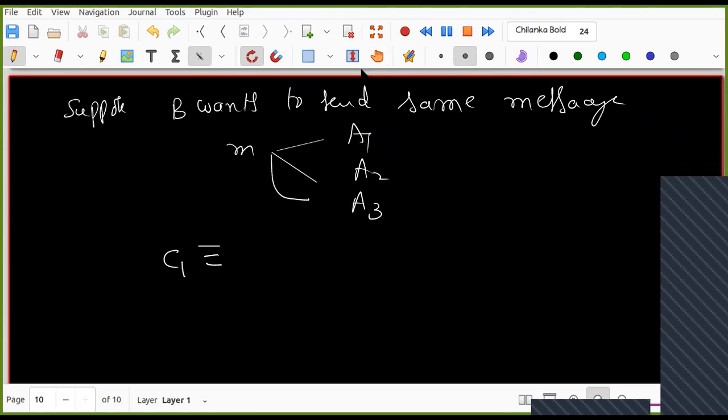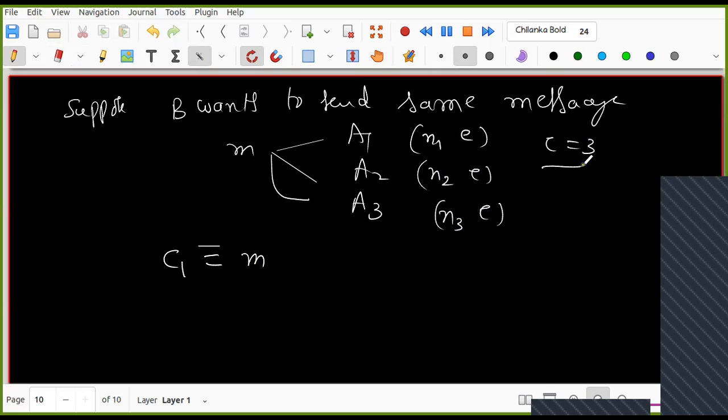No. How are you computing the ciphertext? We take the plain text and compute M to the power E. But what is E in this case? For A1 the public key is N1 comma E, then N2 comma E, and N3 comma E. So it is M to the power E mod N1.